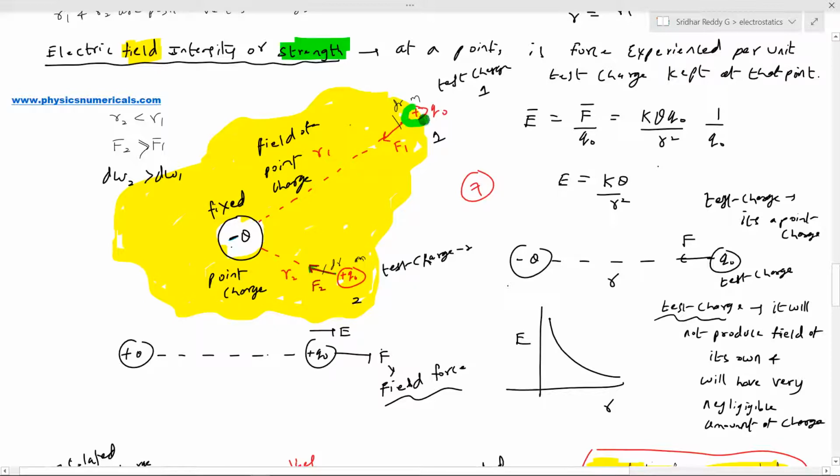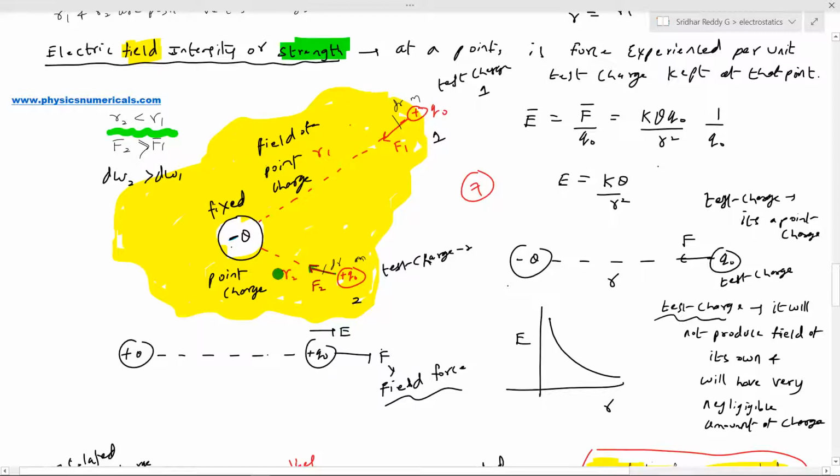Let me take two test charges. One I'll keep at a distance R1, the other test charge, let me keep at R2. Then what we notice is that R2 is less than R1.